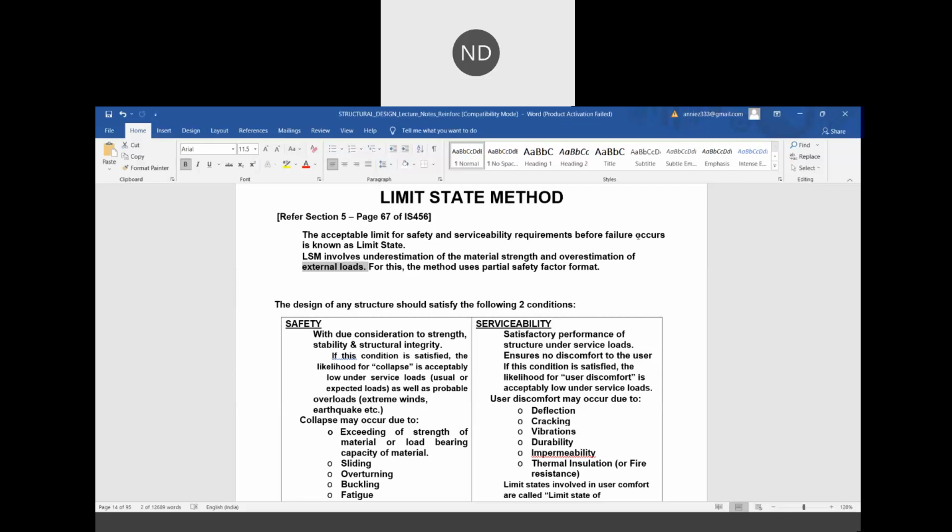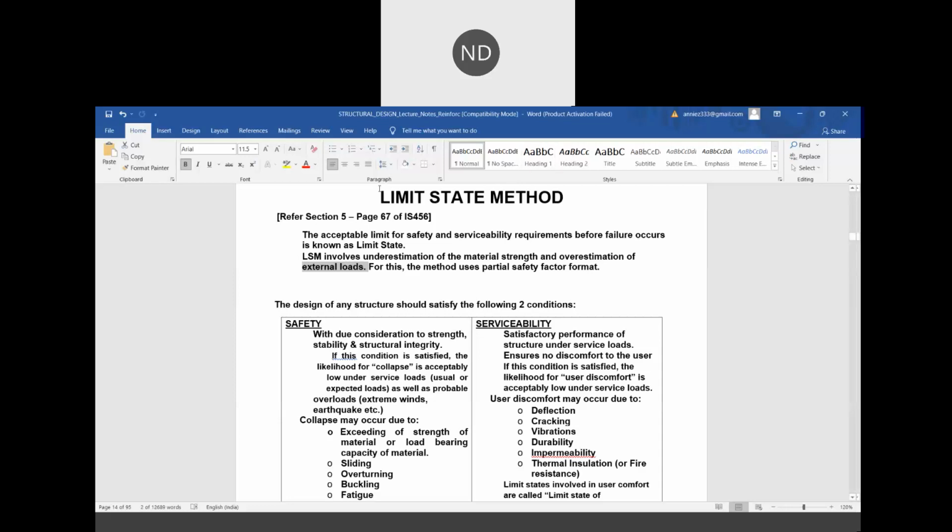So in the limit state method you have to follow two things: the material strength is taken as less, and the maximum load. We will consider these two things: this structure which you are going to make may have this much maximum load, so we will design accordingly, and this material is weak, so we design in this way. The design of any structure should satisfy the following two conditions.